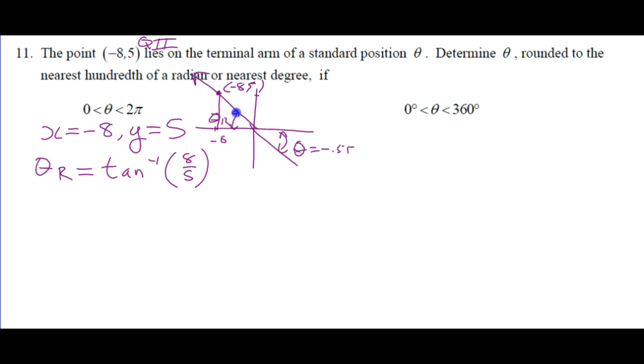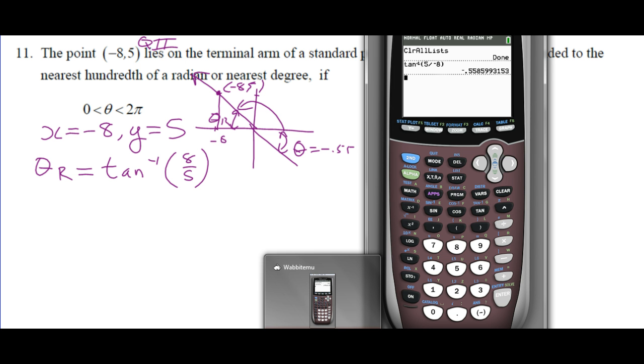Reference angles are always positive. That's going to give us this angle, and then to find the rotation angle, we have to work this out, because we're going to get the reference angle. So we do the inverse tan of 8 over 5, which amazingly is going to be the positive value of this.